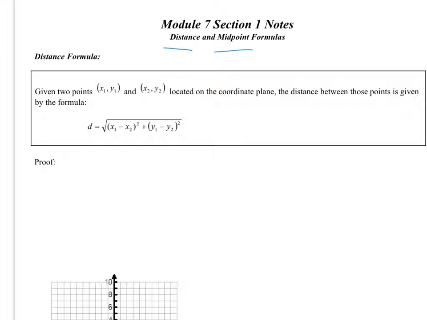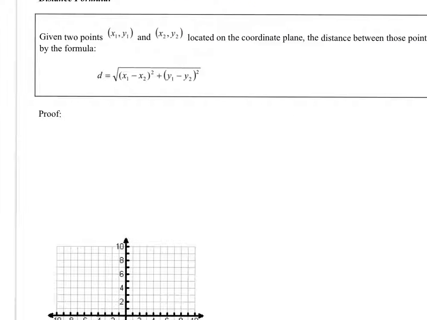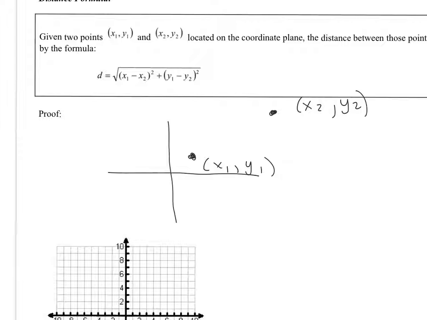The proof of this is actually a pretty easy one that you can see from geometry. So we'll do a quick little proof. I'll take my coordinate plane. I'll take a point here, which I'll call x1, y1, and I'll call this point up here x2, y2.